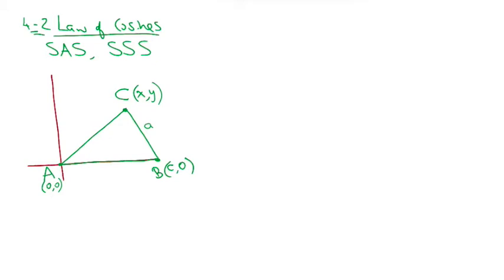The distance formula. So to find a, it's going to equal the square root of something squared plus something squared. What goes in the first one is the difference of the x's. What goes in the second one is the difference of the y's. So from C to B, the difference of the x's is x minus c. From C to B, the difference of the y's is just y minus 0, better known as y.